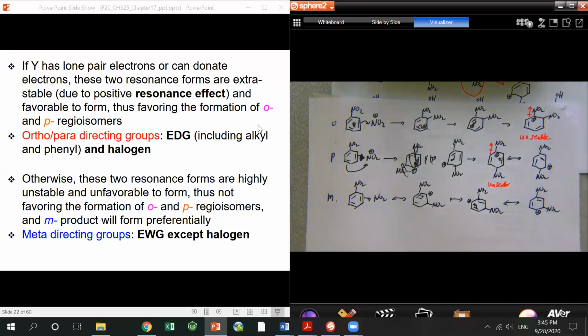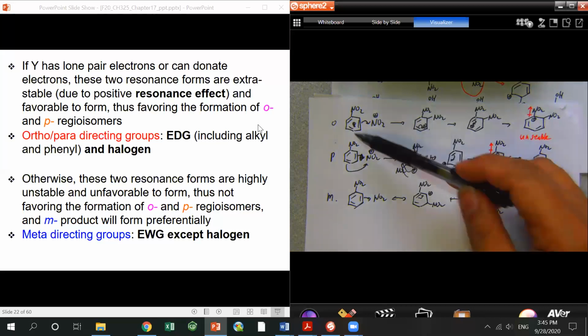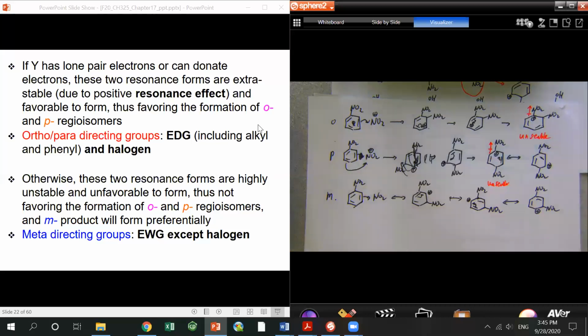So you can see here for the meta substitution, the dinitro compound, you never generate this unstable intermediate. That's why the meta product has higher stability compared with ortho and para. So that's also shown here.